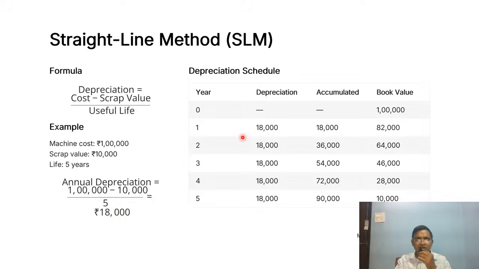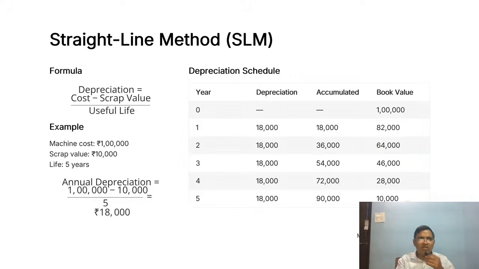That means the depreciation will be the same for the entire period. If you keep the machinery 5 years, for the entire 5 years it will be 18,000, 18,000, 18,000. So accumulated, this will add up to 90,000. The book value reduces from 1 lakh to 82,000, then 64,000, then 46,000, then 28,000, then 10,000.